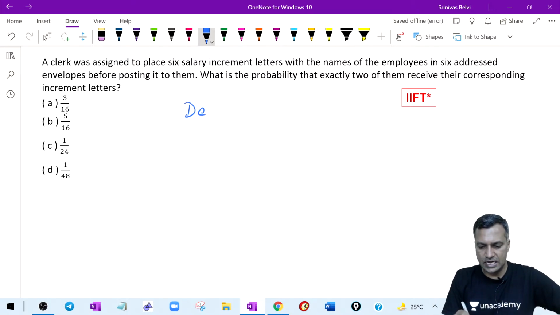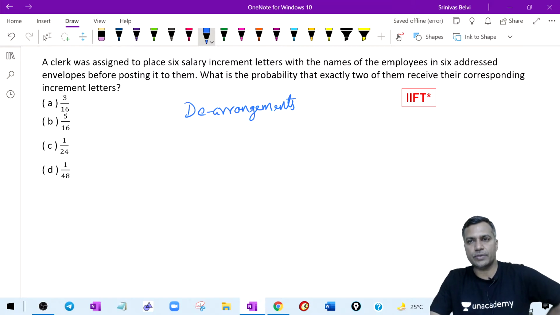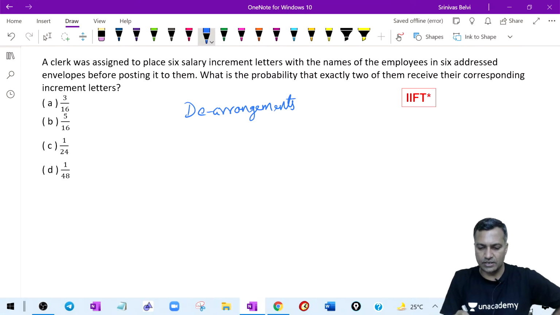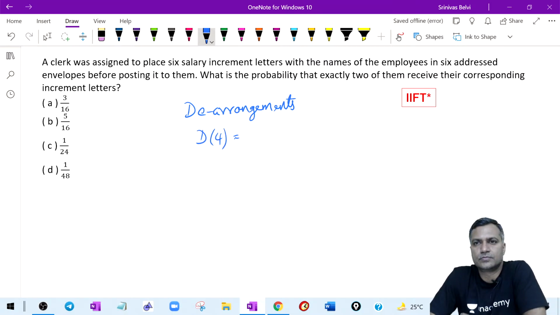You guys have heard about derangement? Have you heard about counting derangements? Yes, no? Quickly, one of you answer: what is the value of derangement for 4?